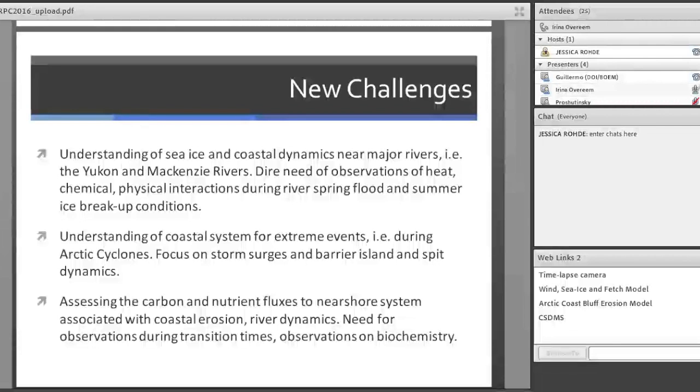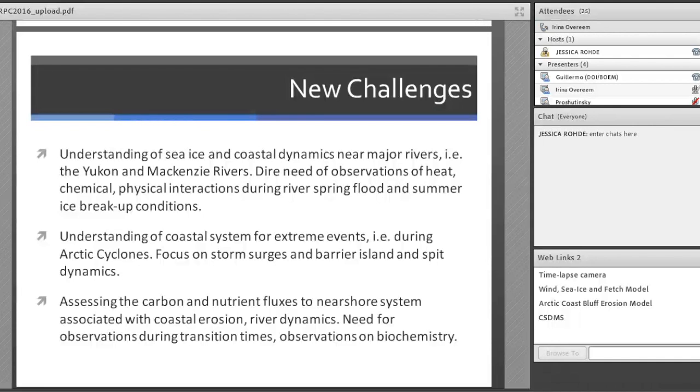So what are our new challenges? I've always been interested in figuring out the coast at the deltas, like the Yukon and the Mackenzie River, but also the smaller river systems contributing to the North Slope. So for example, the Colville. We know these river systems drain their freshet spring water onto sea ice that's still shore fast.